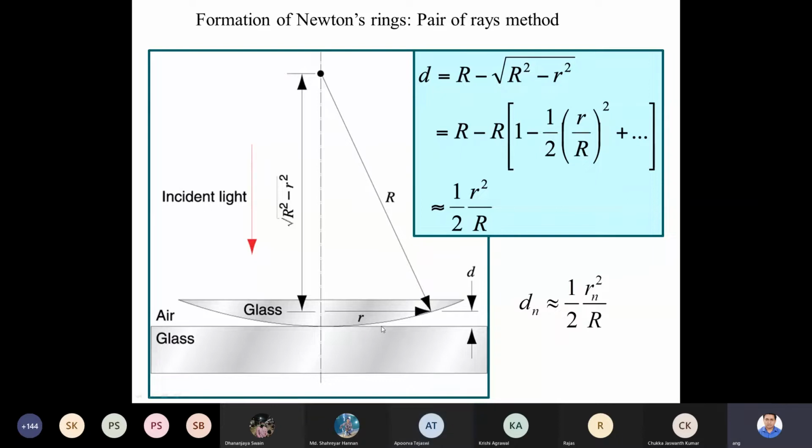D is the gap between this lens and the plate. So you see, D is 0 here. It is increasing. At a particular r we have taken this as D, and then if you change the r, meaning different rings, the radius of these different rings, that's why this n is variable. So dn will also change.